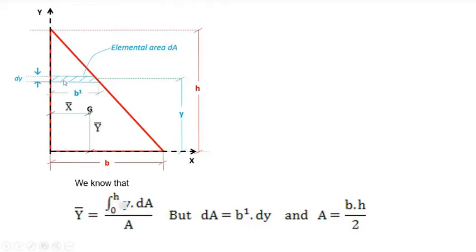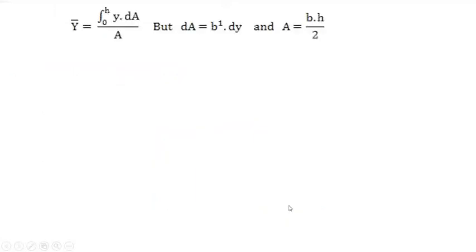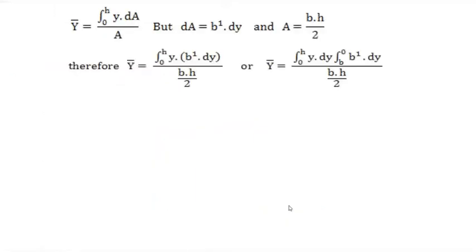Here the dA of the small elemental area is b dash into dy, and the area of the triangle is half into base into height, that's bh by 2. Now we know the formula, so we substitute in this equation: y bar equal to integral from 0 to h of y into b dash into dy, and the area is this much. Simplify it.